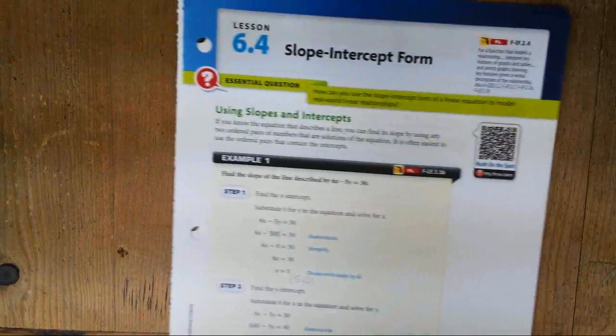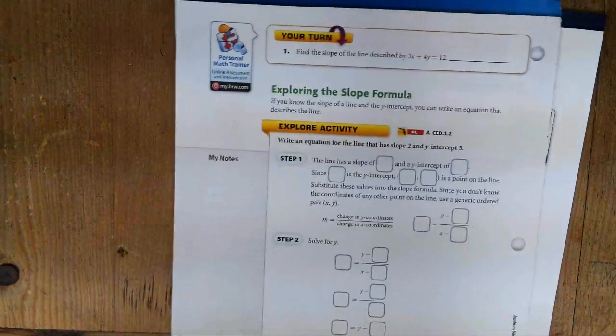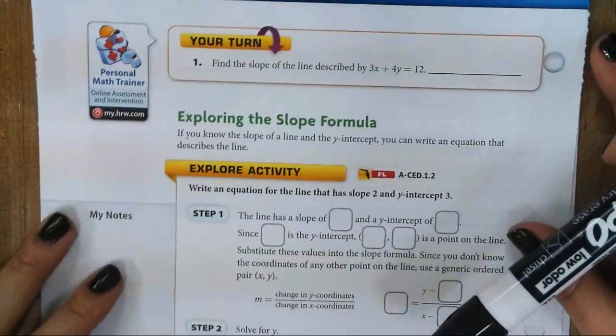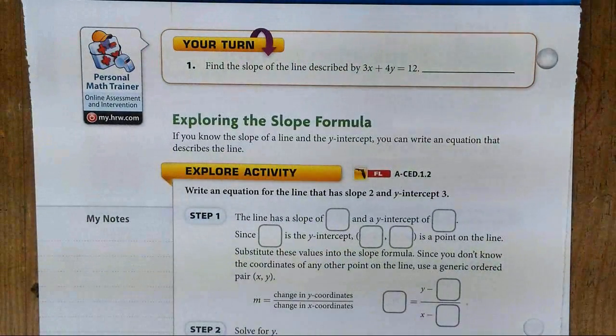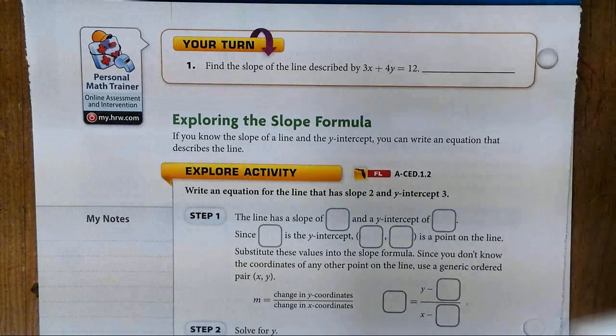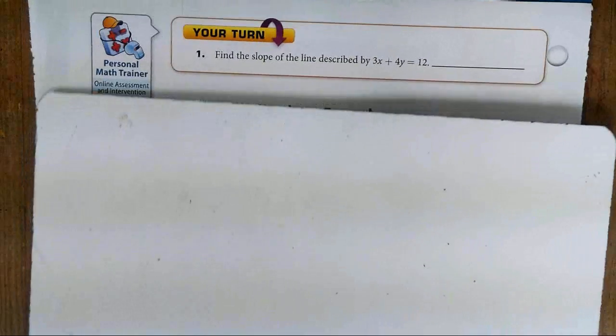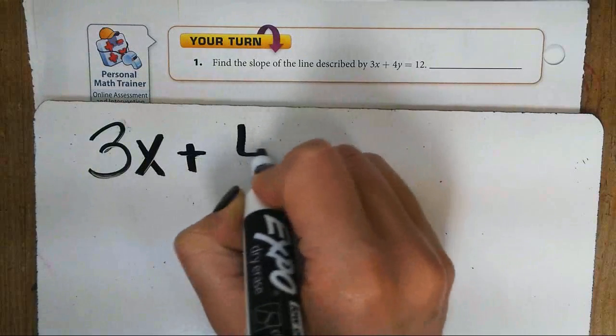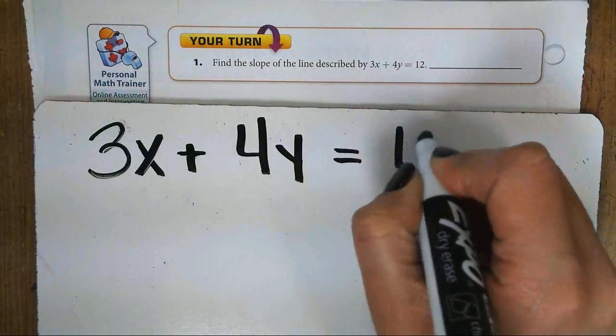So now let's go back into your textbook and this Your Turn question right here. I'm going to solve this exact same equation several different ways for you so that you guys can figure out which way works best for you. Okay, so we're going to start off with our equation of 3x plus 4y equals 12.